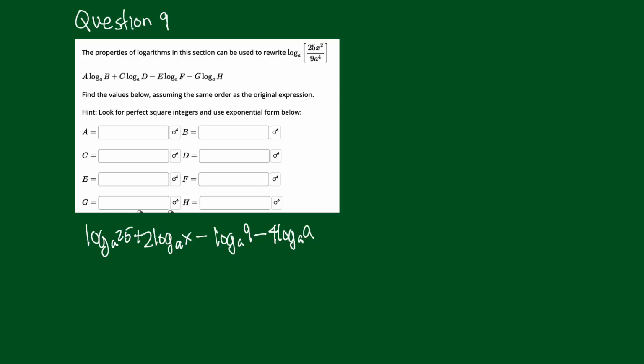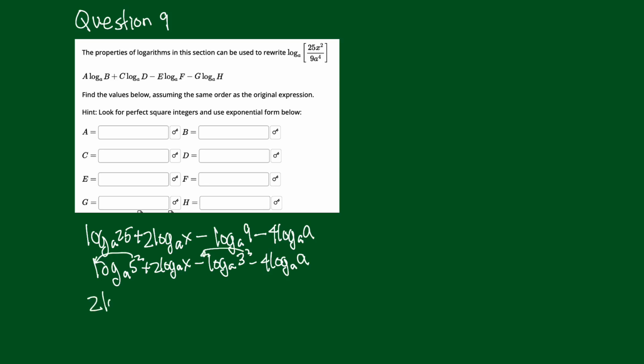Now, apparently we can go a little bit further here. Here's what I'm going to do. Log base A, now 25 is 5 squared, plus 2 times log base A of x, minus log base A of 3 squared, minus 4 log base A of A. Now, bring this 2 down in front, and bring that 2 down in front as a multiplier.